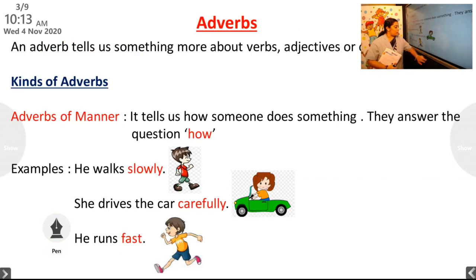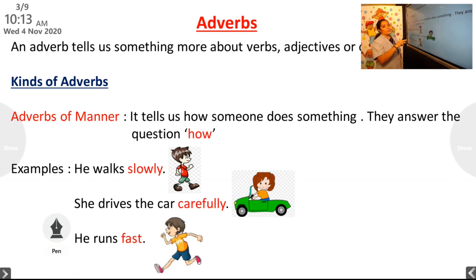Next, now this is the topic which you are going to learn in your grammar session. Page number 22 in your reader textbook. You are going to learn about adverbs. I know you haven't learned this in your grammar text. You are going to learn only.